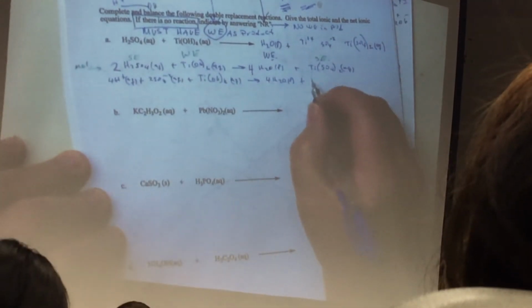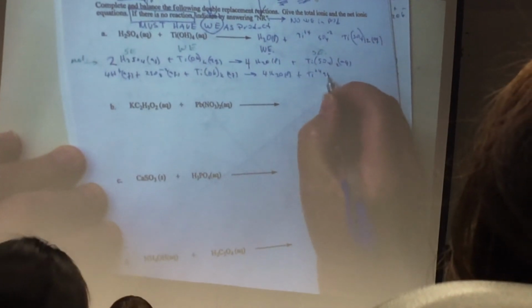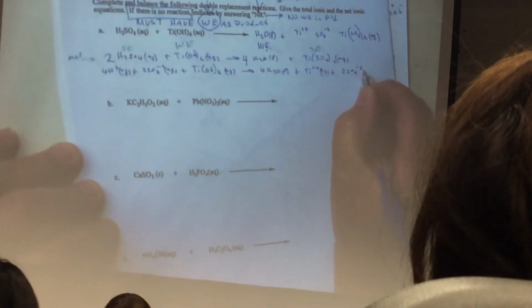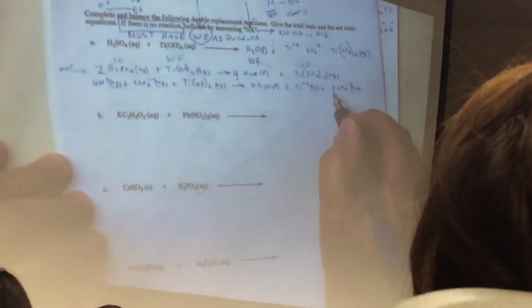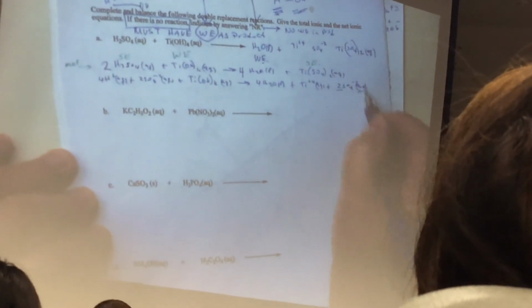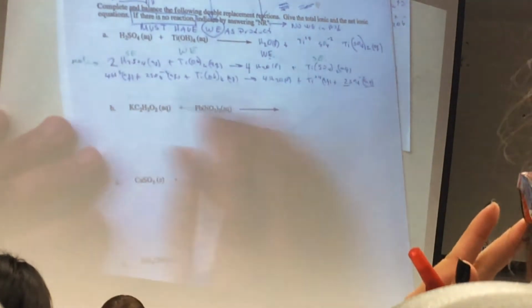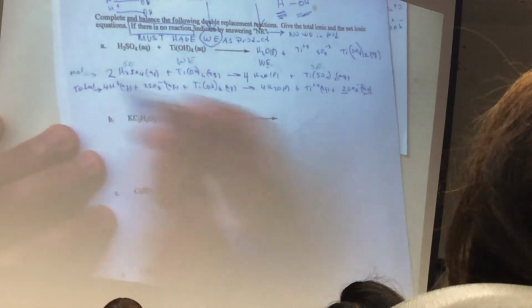Yep. So Ti 4+ aqueous plus 2SO4 2- aqueous. Because you owe me the coefficient, the charge, and the parentheses. That is the total ionic equation, where you break the strong and leave the weak alone.